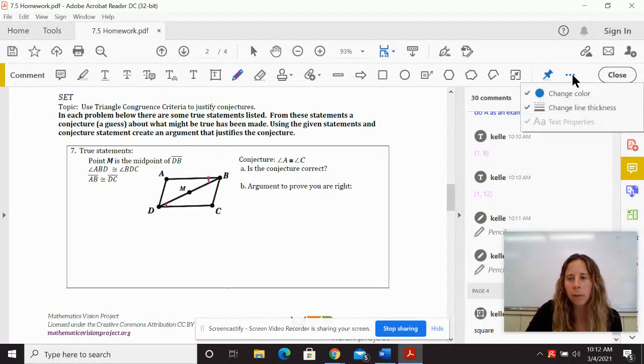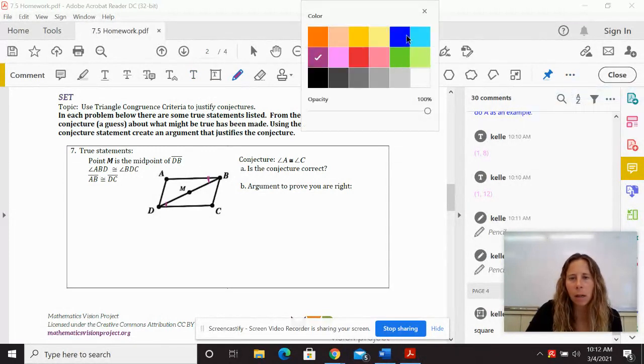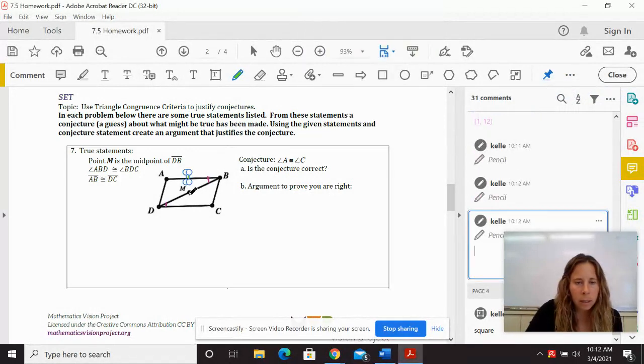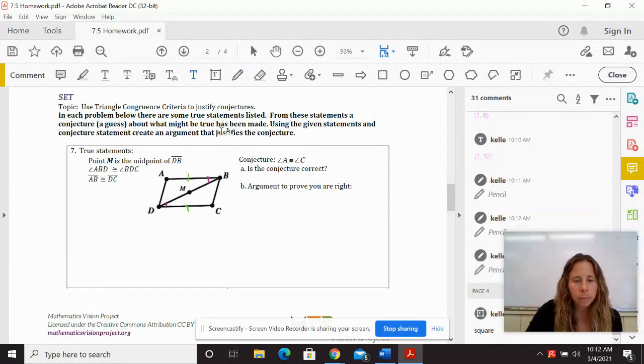Change color, green. So AB is congruent to DC, and then they tell us this is the midpoint. So the conjecture is: angle A is congruent to angle C. Is this conjecture correct? And then we have to argue that we're right or wrong.